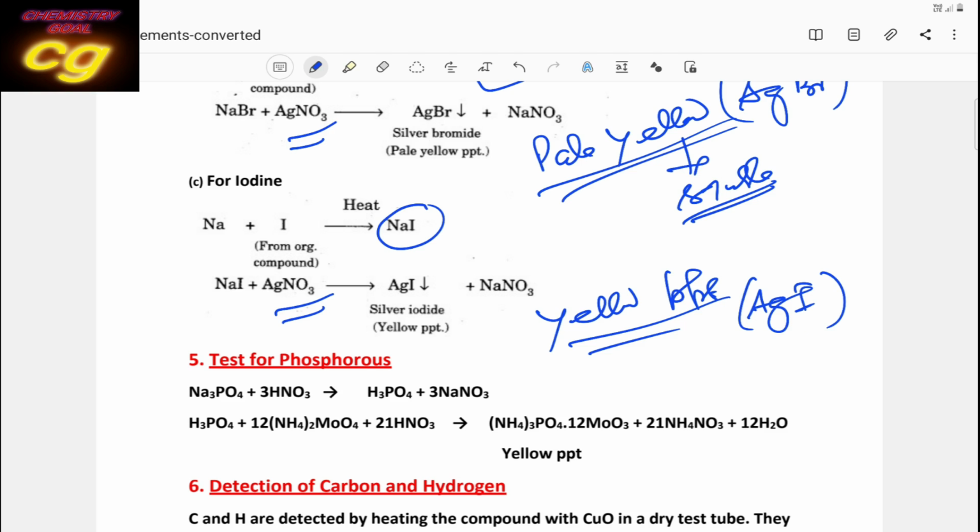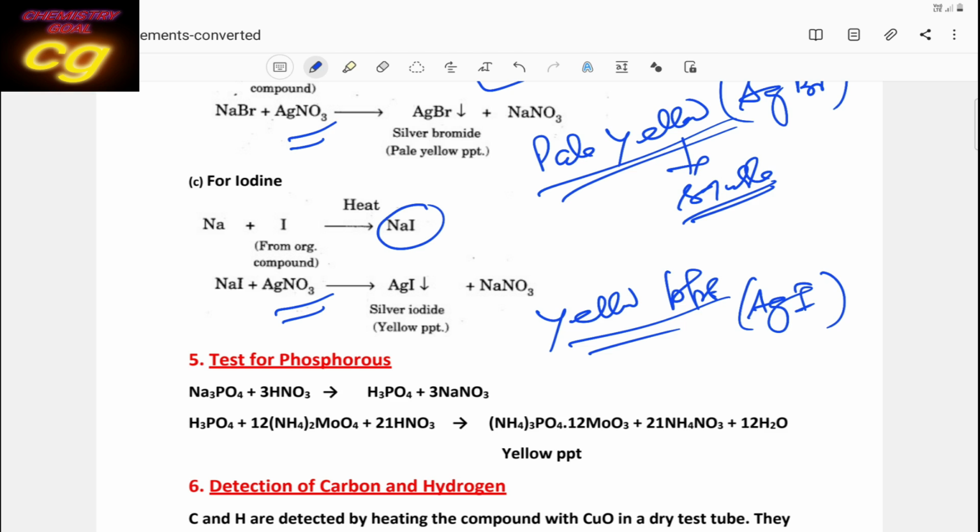For more confirmation, if you add concentrated or dilute ammonium hydroxide, there will be no change in the yellow precipitate. That means the yellow precipitate will not dissolve in ammonium hydroxide. That clearly indicates the presence of iodide ion in the solution, that is AgI.